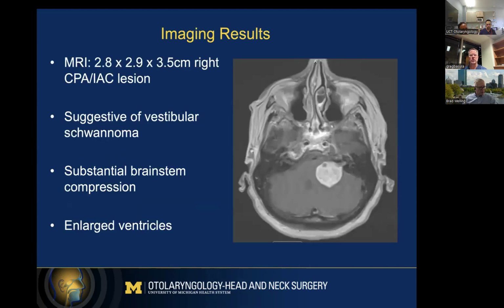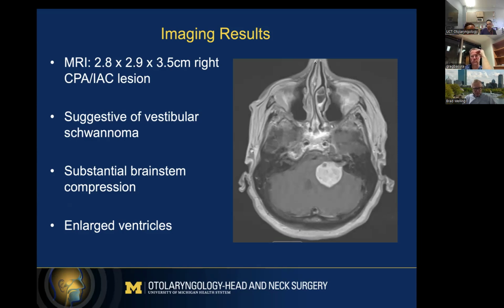So there you go. Don't look at the left side. Can you explain what you see here and give me a differential on what you think? This is an axial MRI image. It is a T1 image with the gadolinium enhancement. The lesion has a typical ice cream cone kind of appearance.